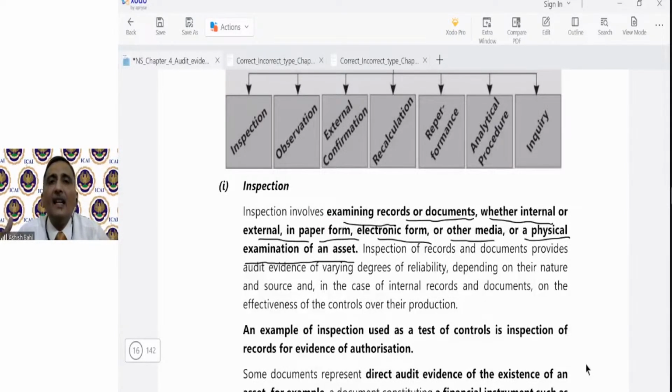So it is again an example of inspection. So inspection, remember students, it consists of two things: examining records or documents, and examination of a physical asset. So it is known as inspection.